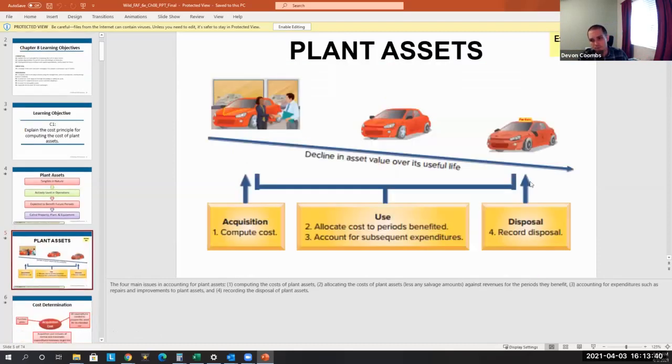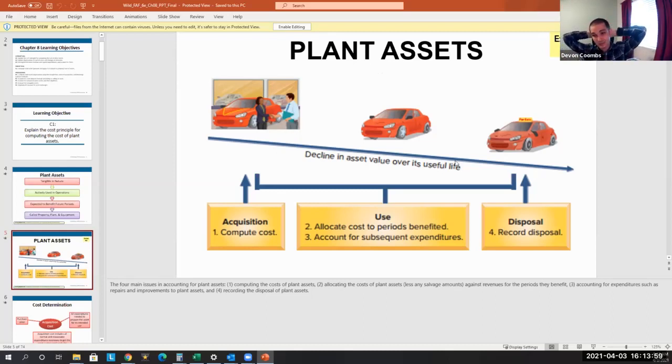And so when we buy an asset, we have an acquisition cost, and then we have a cost associated with the use, and then we generally dispose of the asset, either through selling it or getting rid of it. So this is an example of a car, right?